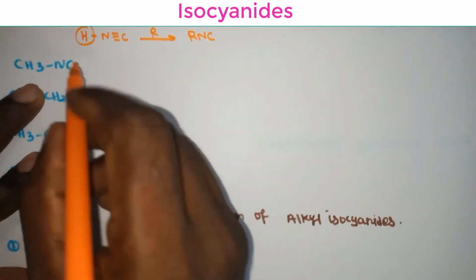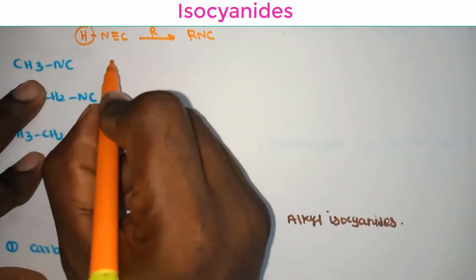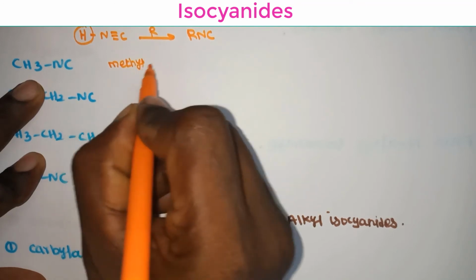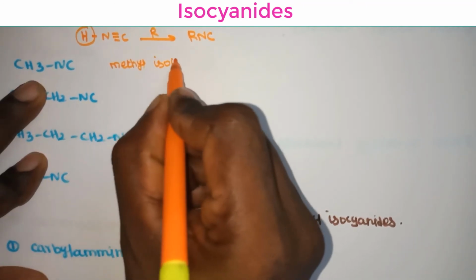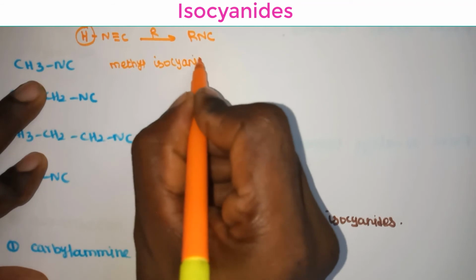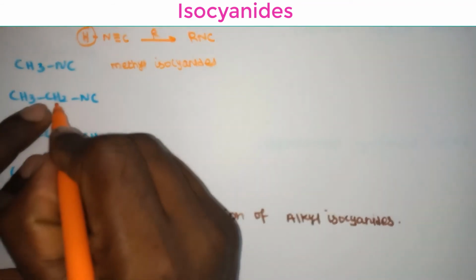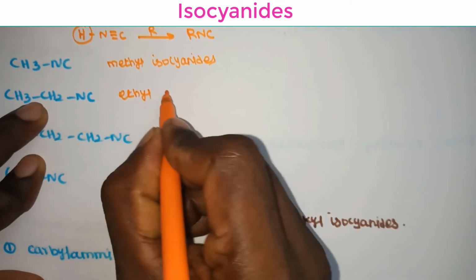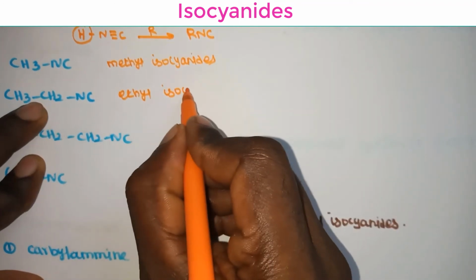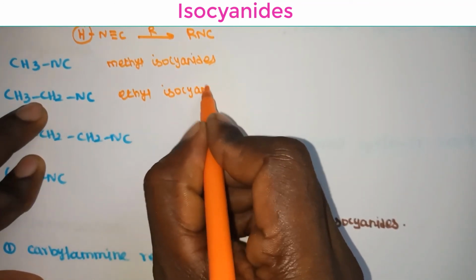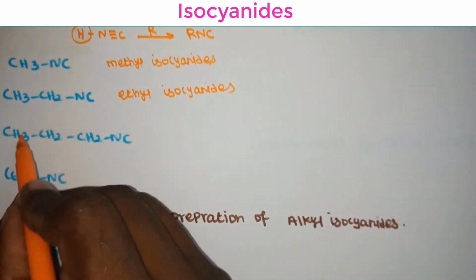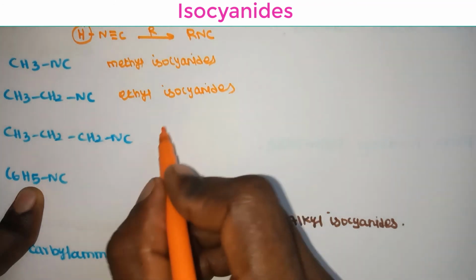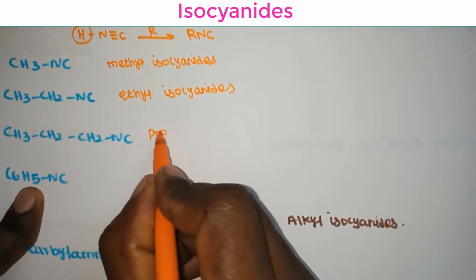CH3 is a methyl group, NC is isocyanide, so methyl isocyanide. CH3CH2 is an ethyl group, so ethyl isocyanide. CH3CH2CH2 is a propyl group, so propyl isocyanide.